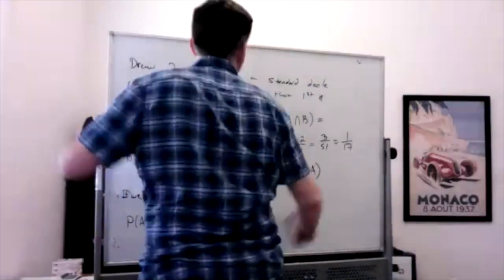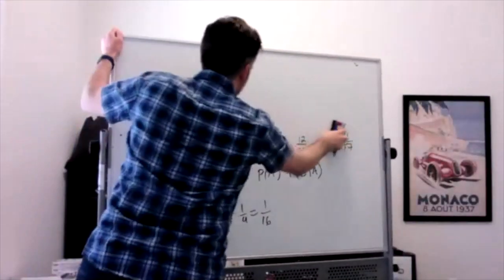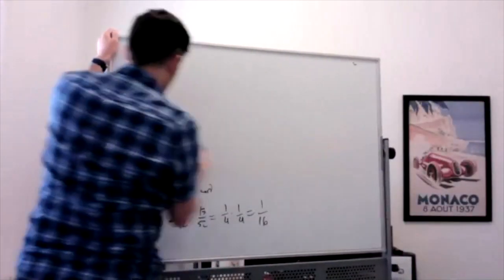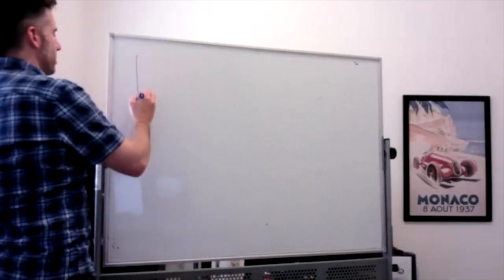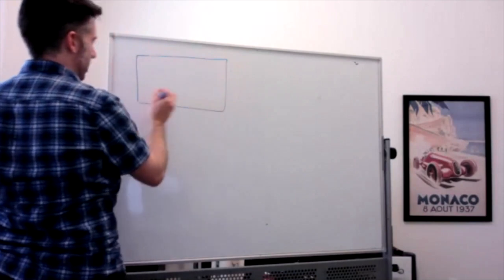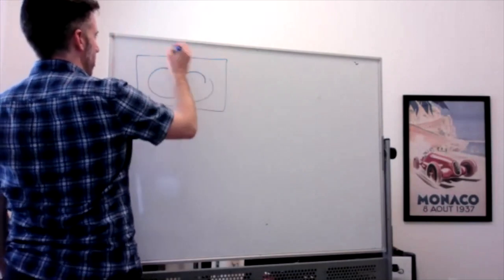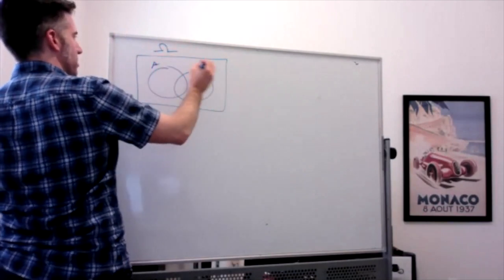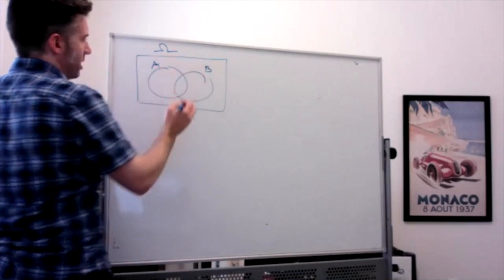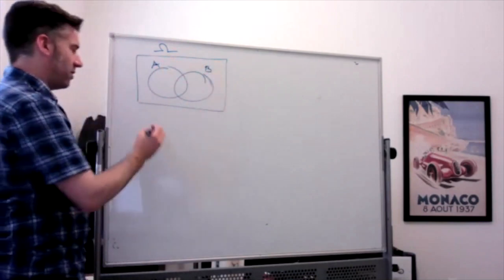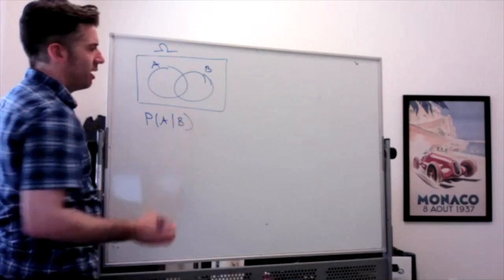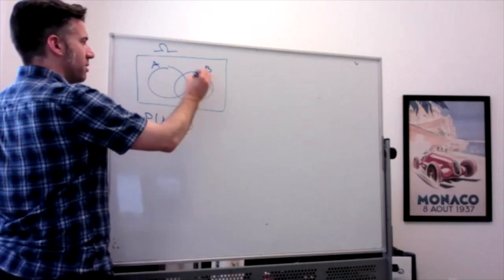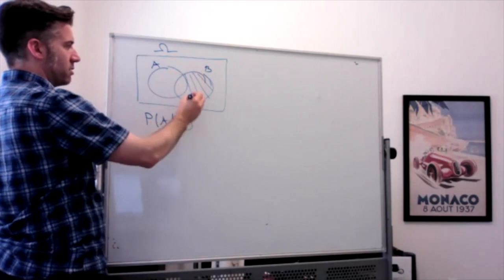Graphically, the idea is that if you've got some sample space, omega, and some A and some B, and I want to know the probability of A given B, that means we are living in B, right?